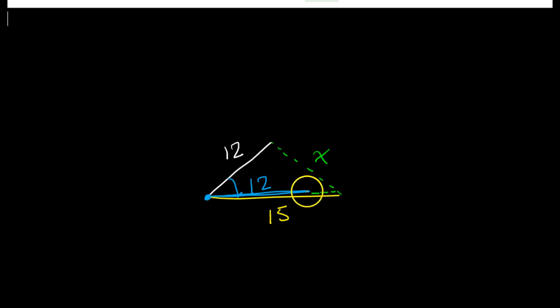If this is 12 and the longer side is 15, that means the rubber band now has a length of 3. So that is the smallest length the rubber band could be. So 3 has to be less than X. It can't equal 3 because that's flat. That's not a triangle.